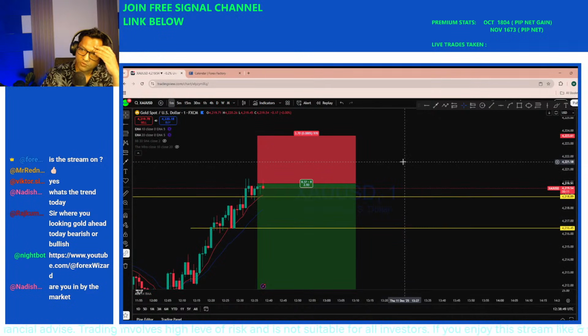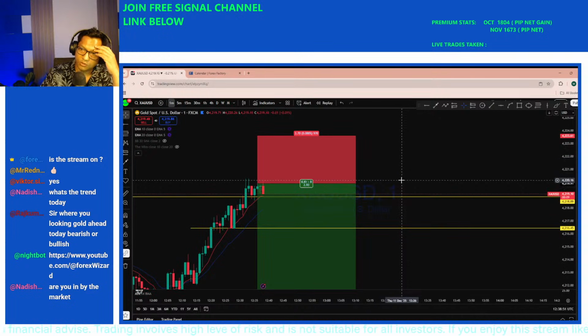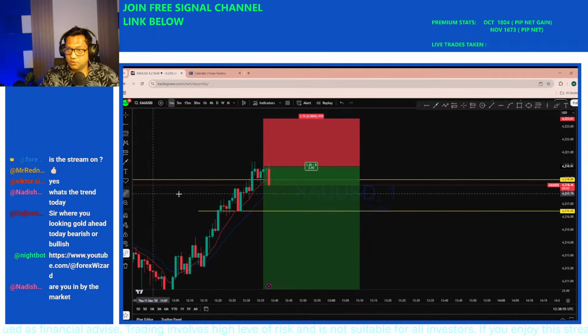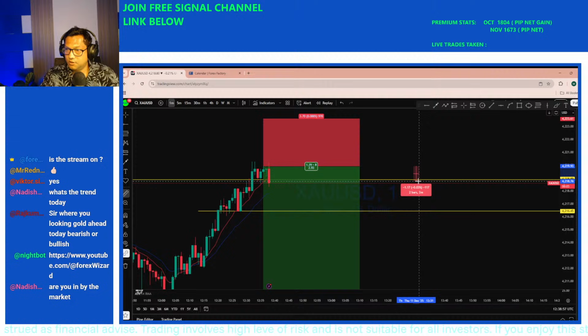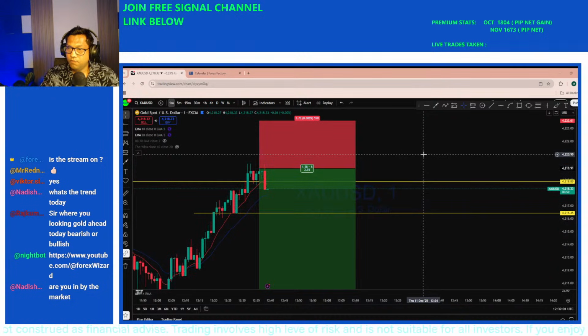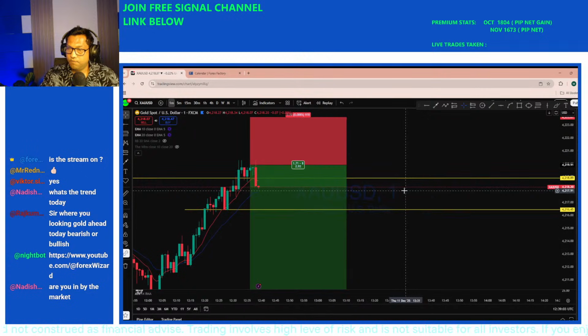If the market reverses from here, there is a possibility for an entire rejection, and that's what we want to see, a break below. Okay.